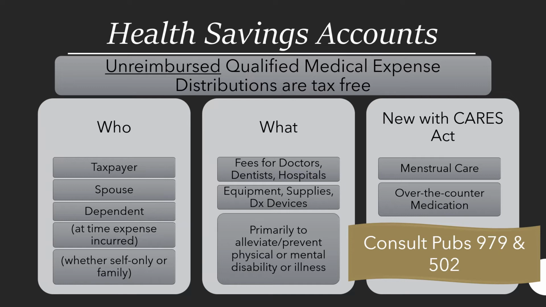And then new with the CARES Act, so after 2019, there were some additions to what qualifies as a medical expense. So anything to do with menstrual care and over-the-counter medications are able to be used as qualifying medical expenses.